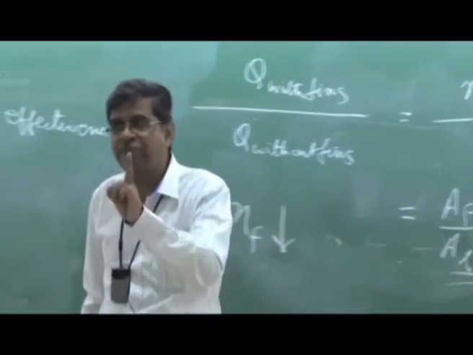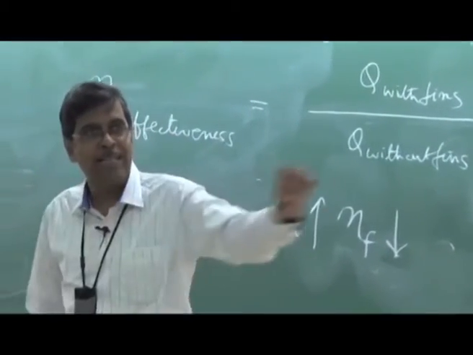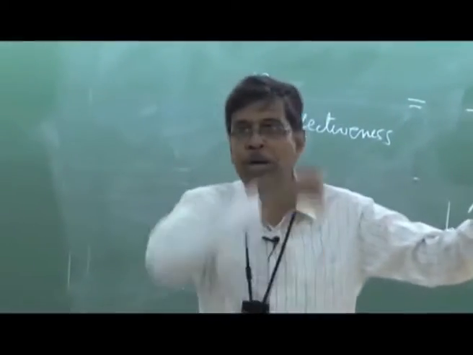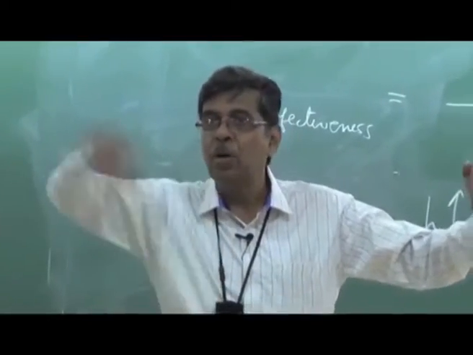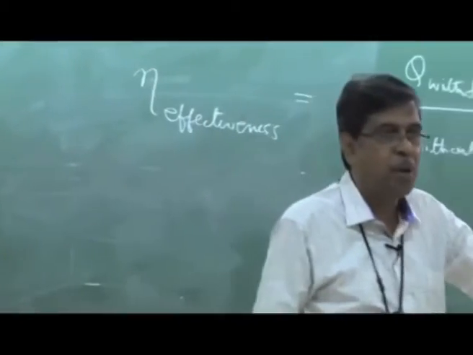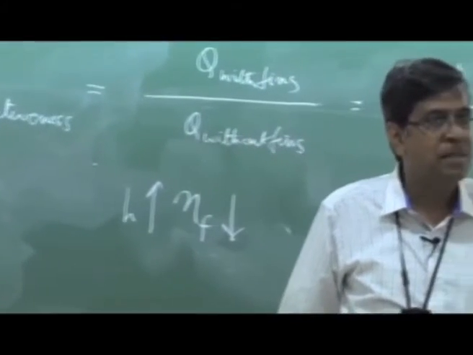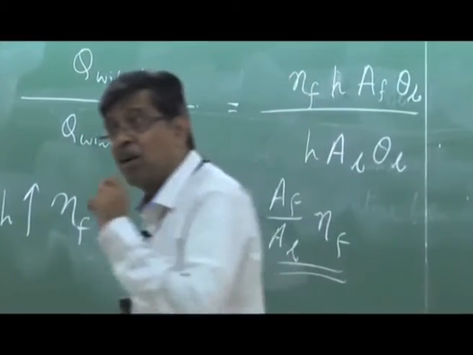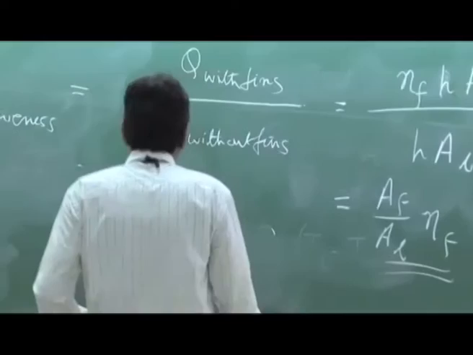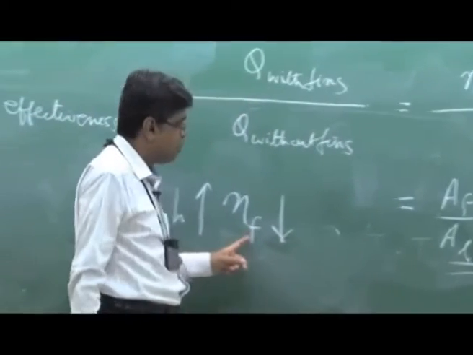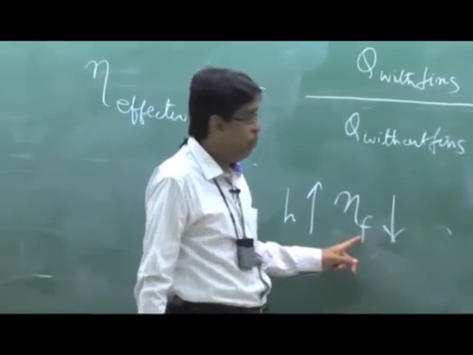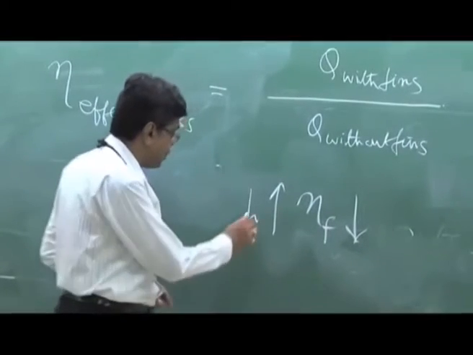That's why I started fin by telling that it provides a conduction resistance. Though we create more surface area to enhance the heat transfer by convection, it provides a conduction resistance. And this conduction resistance becomes more and the efficiency becomes less if you have a high heat transfer coefficient.